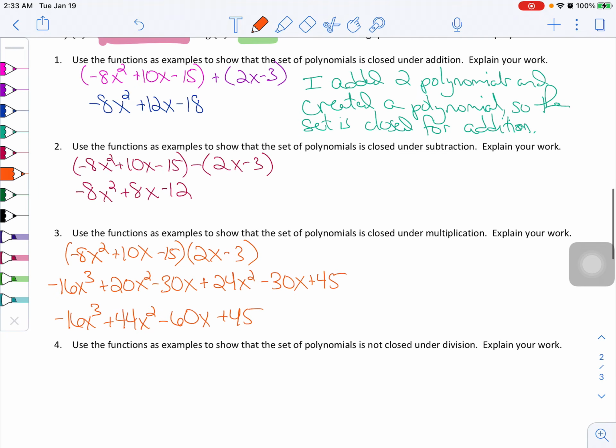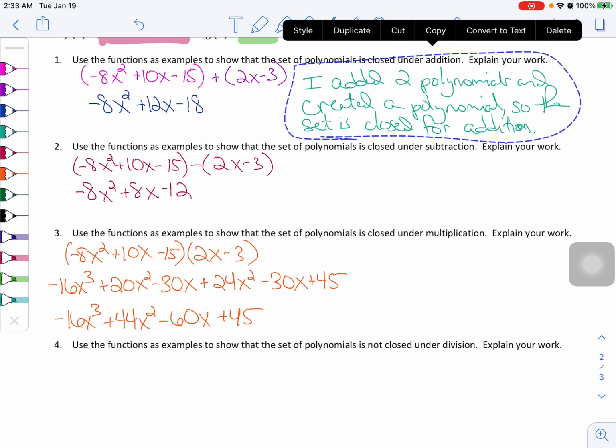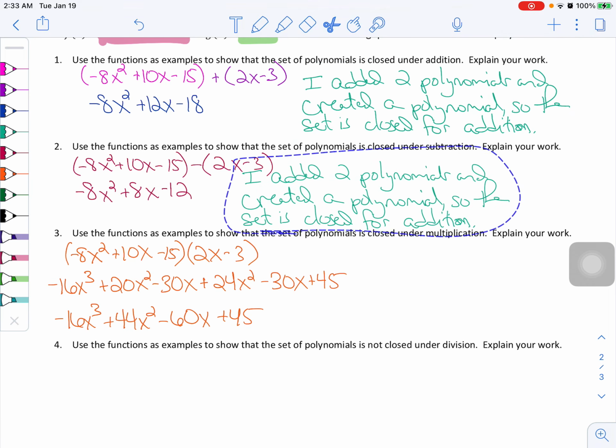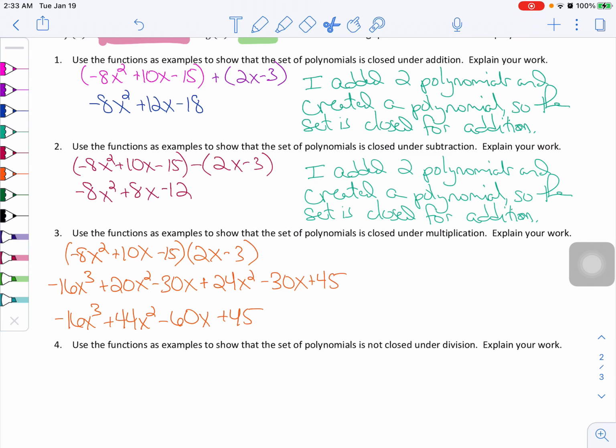Okay, and just to show that, I'm just going to be a little bit lazy here. Let me copy that, paste it, and just do a little cleanup here so I can change it. So let's say I subtracted two polynomials, so the set is closed for subtraction.